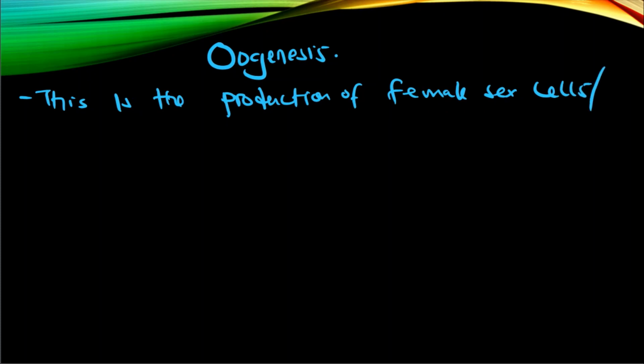Female sex cells are known as ova, from the ovaries. The ovaries are the female sex organs. Most people confuse the female sex organs to be the vagina, but the vagina is just a passageway. It is just a canal. But the female sex organs are the ovaries.